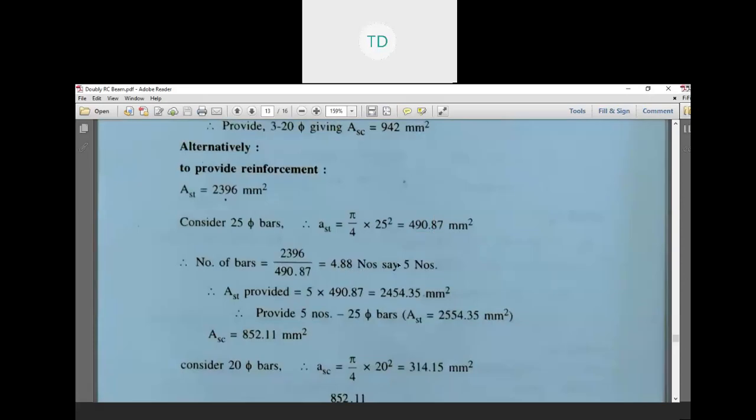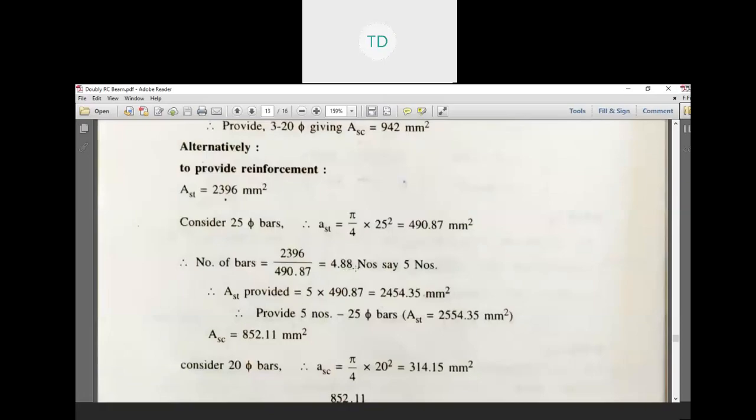But there is no such thing as 4 full bars and 0.88 of a bar available in the market. That's why we need to provide 4 or 5, but 4 is less than 4.88. That's why we provide 5 numbers of bars. Similarly, AST provided, 5 into 490.87 is equal to 2454.35, which is our AST provided.